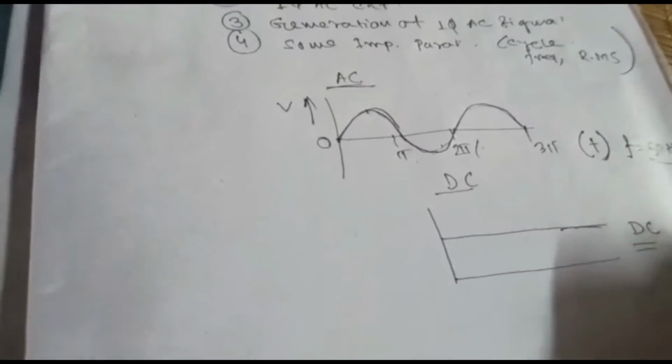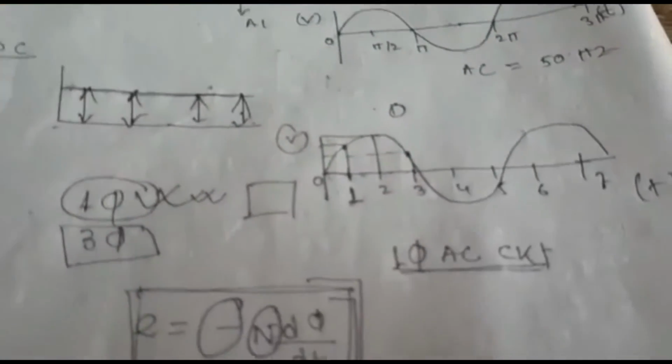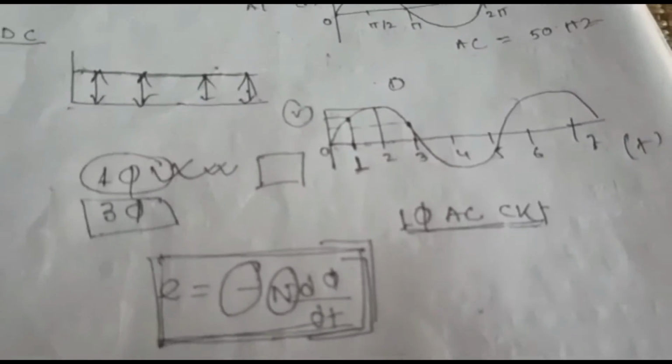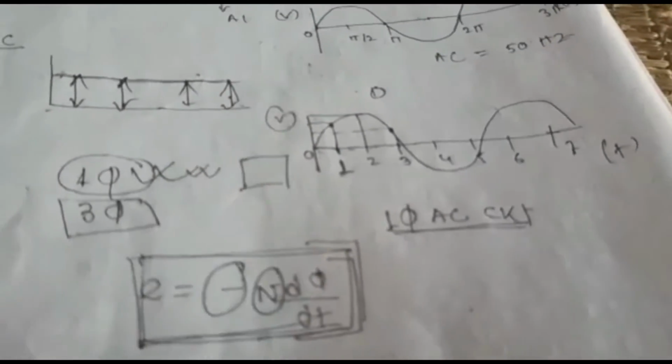In an AC signal, the frequency is 50 Hz in India, and the DC signal frequency is 0 Hz. Another important difference is that in an AC signal we get an instantaneous value, but in DC we do not get any instantaneous value.